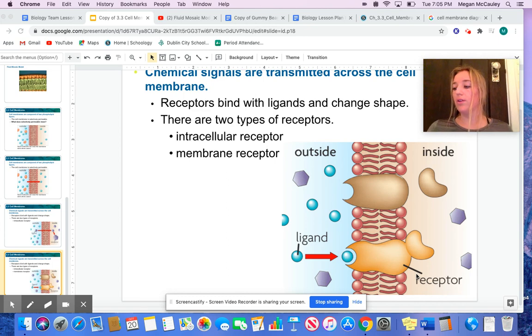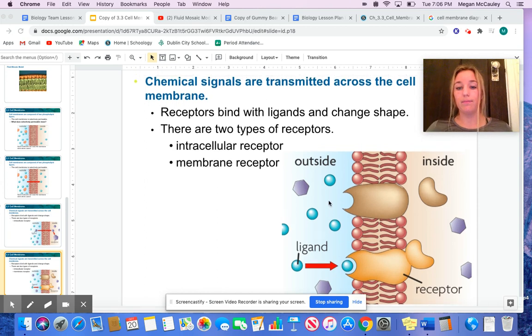Okay? The molecule is too big and cannot cross the membrane like it did in the first one. So it binds with this membrane receptor to change shape and send signals across the membrane to the cell, to the nucleus.